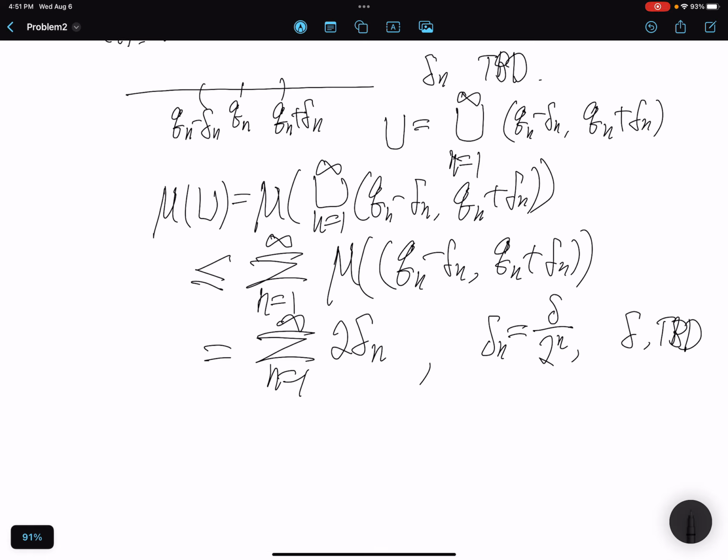If we define delta sub n to be delta divided by 2 to the n, then the sum is delta times 2 to the n minus 1, and the total series converges to delta.